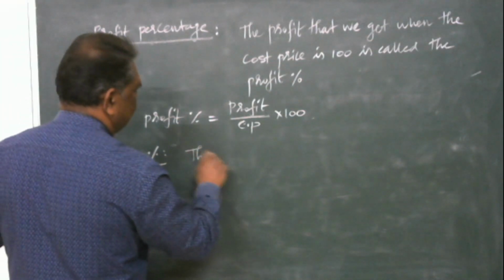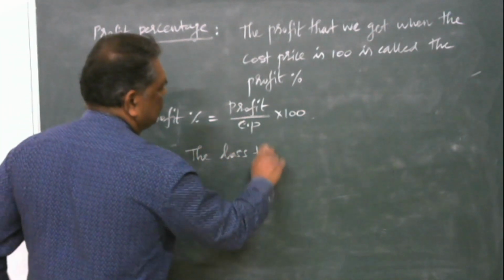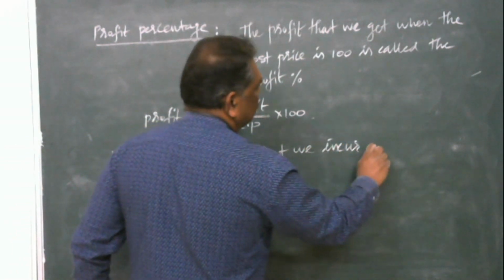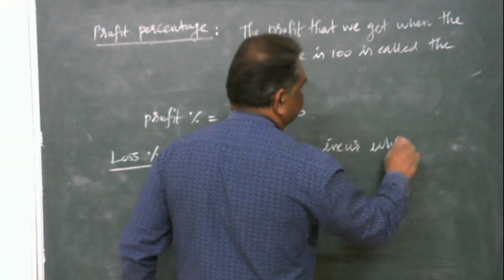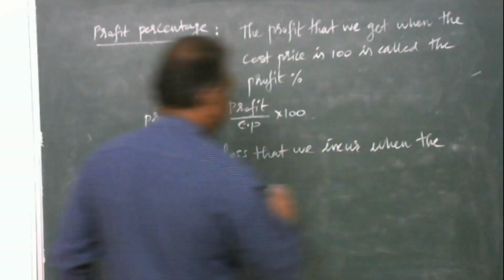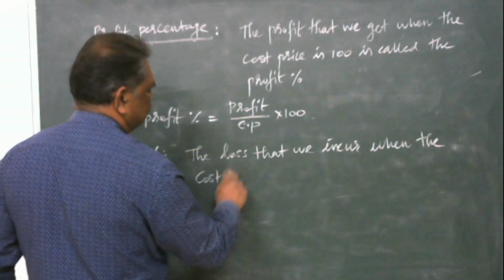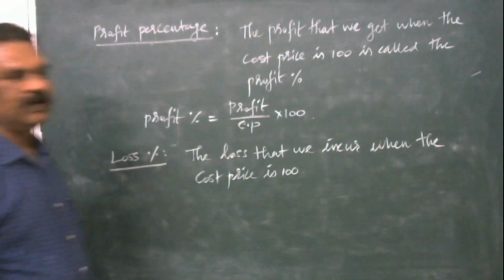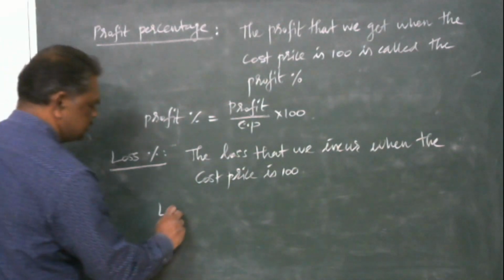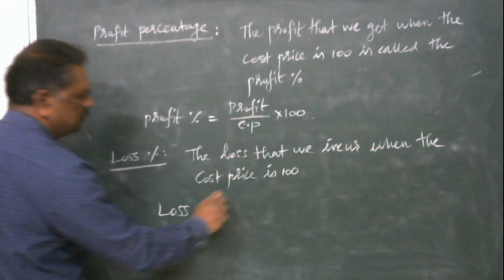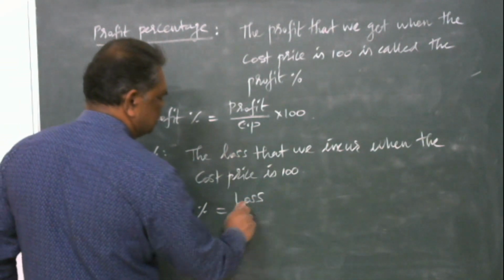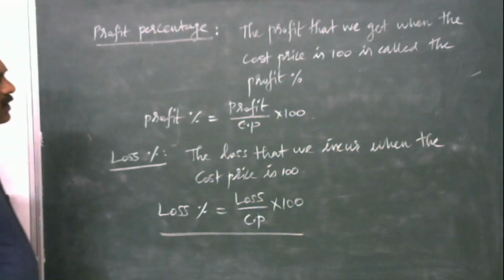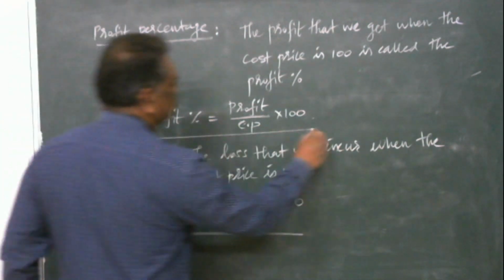The loss that we incur when the cost price is 100 is called the loss percent. So the formula is loss percent is equal to whatever may be the loss divided by CP into 100. Loss percent, profit percent.